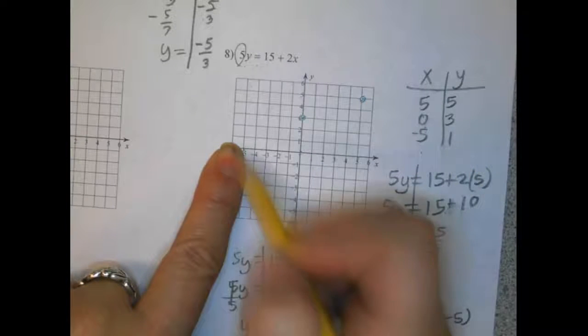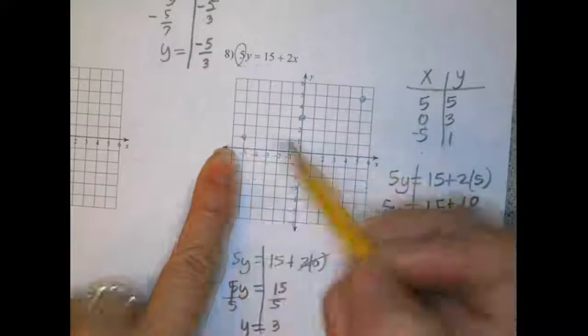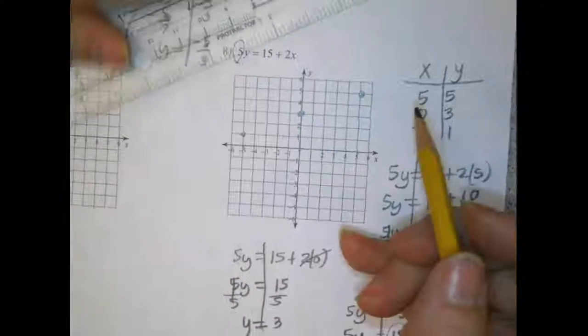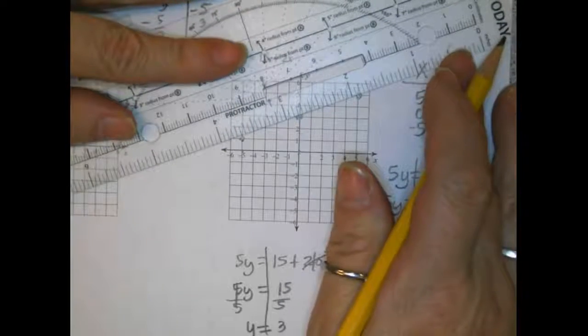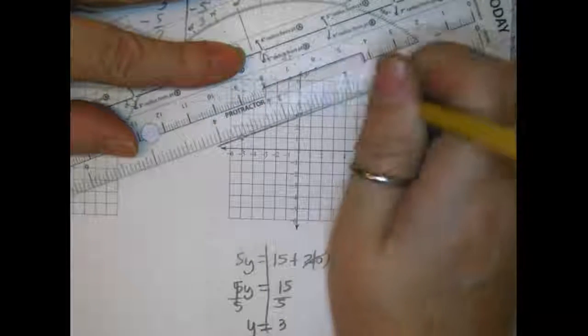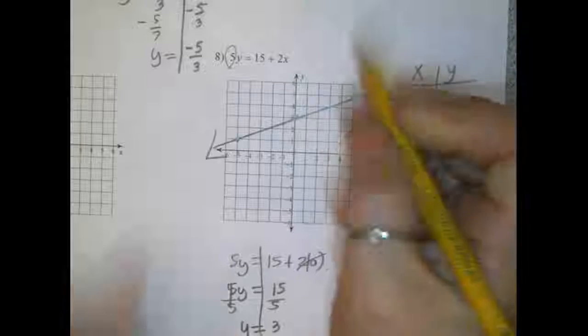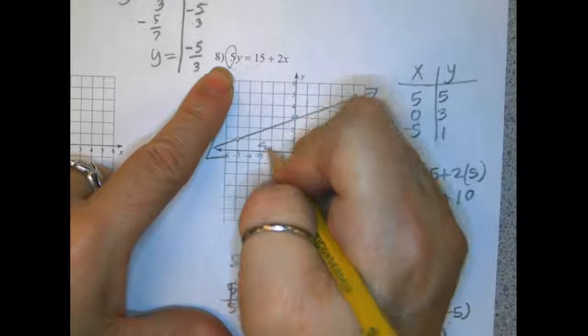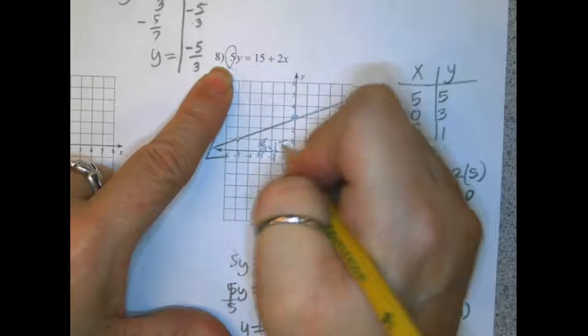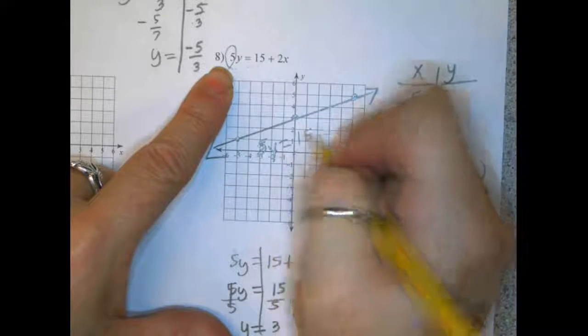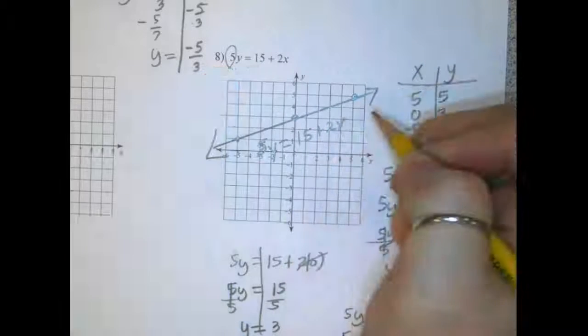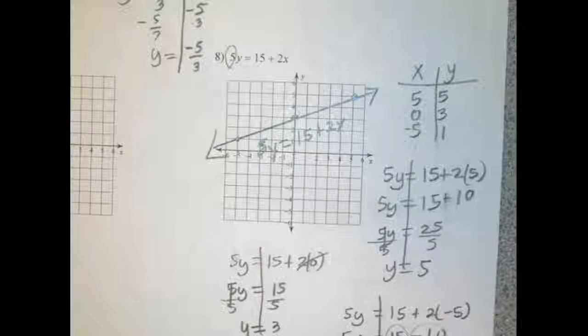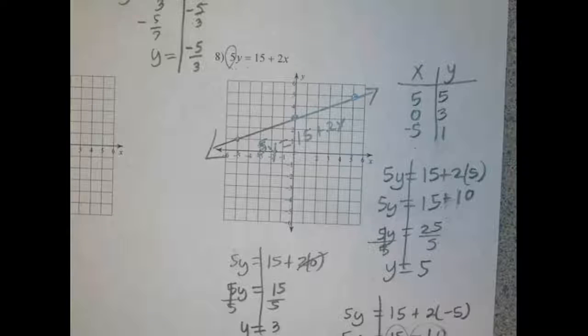And then my y is 1, so I'm going to go up 1. And that gives me a nice, clean, straight line that I can do my arrows and label with my original equation, 5y is equal to 15 plus 2x.